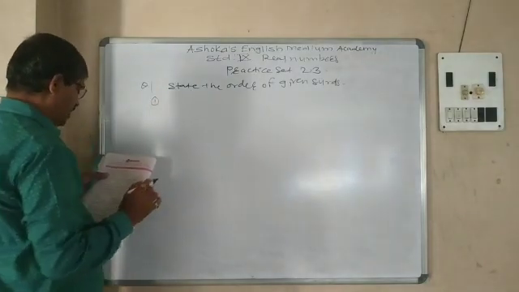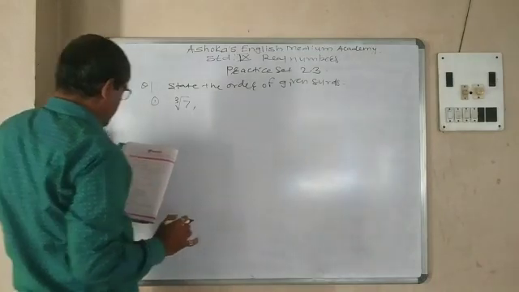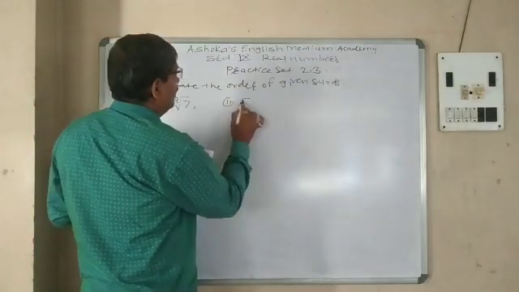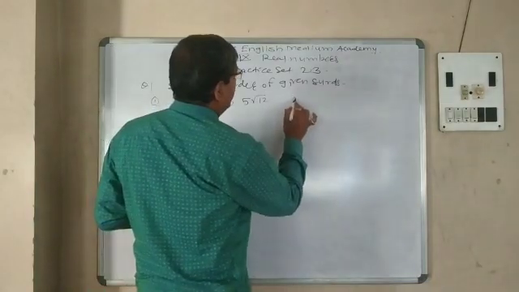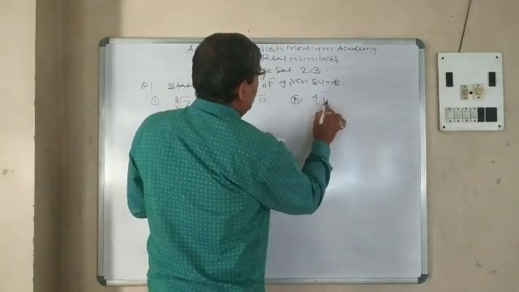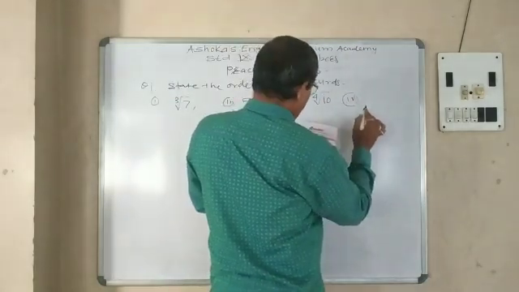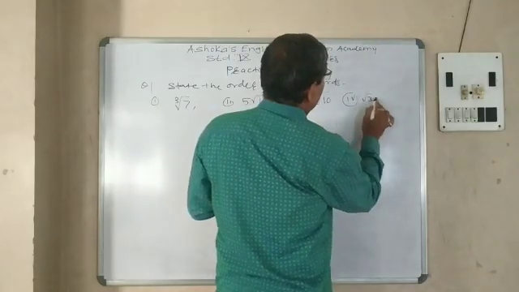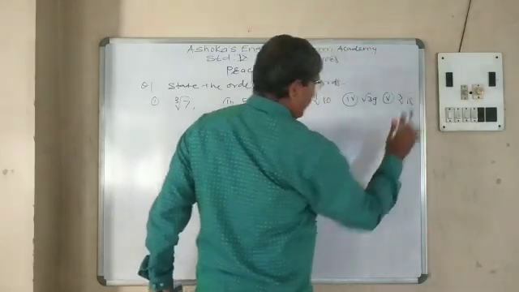The first is the cube root of 7. The second is 5 under root 12. The third is the 4th power root of 10. The fourth is under root 39 and the fifth is the cube root of 80.